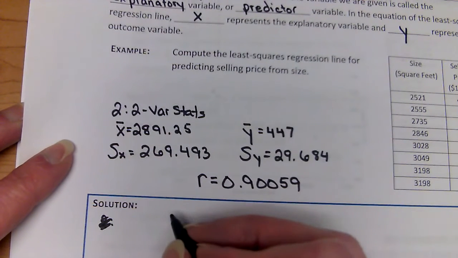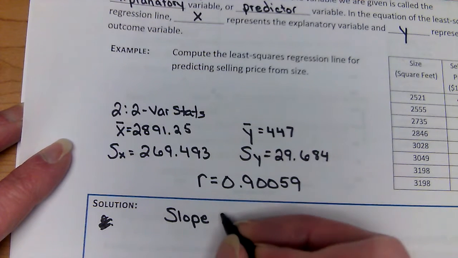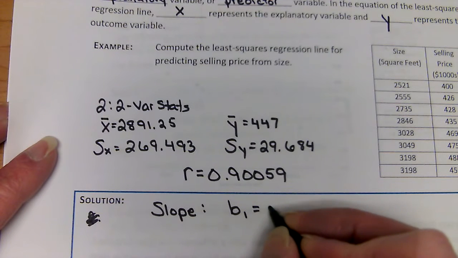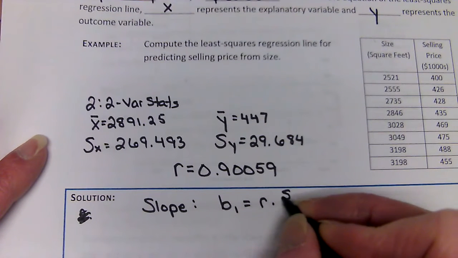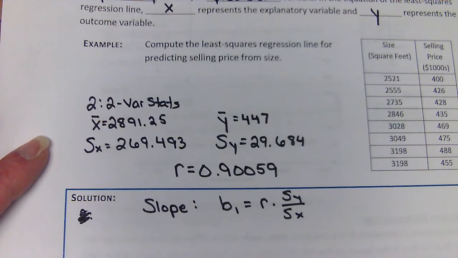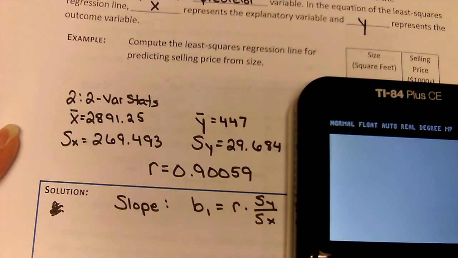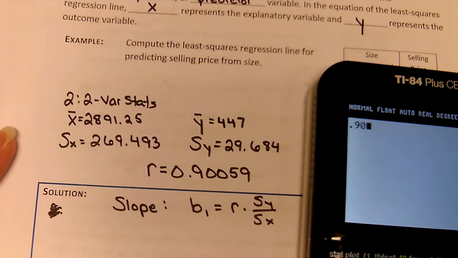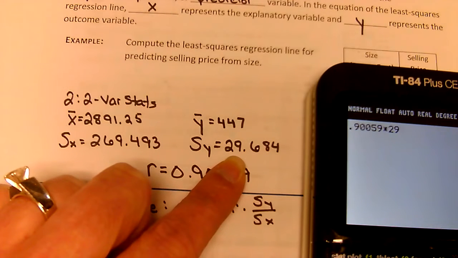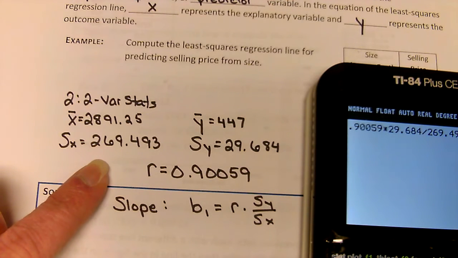So I'm looking up there and my slope is what they call B1, and that is R times the standard deviation of Y over the standard deviation of X. So I'm going to do 0.90059 times the standard deviation of Y divided by the standard deviation of X. Now think about that.